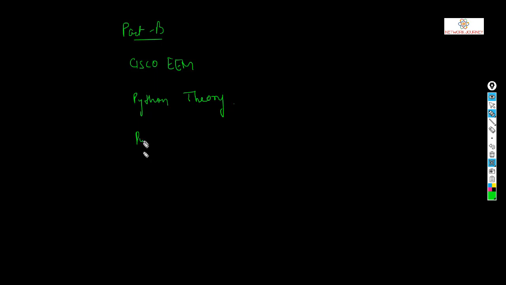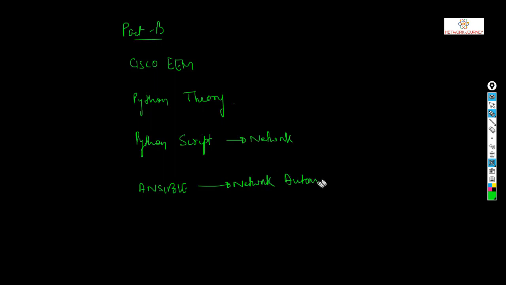I'm going to show you some Python scripts to automate network devices, and also I'm going to show you Ansible, which is one more network automation software. So part B will be these many topics, and I guess we are good enough with a lot of things. If there is something left over, I'll take it in the next class.